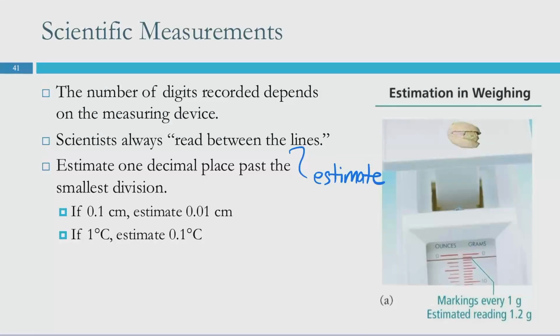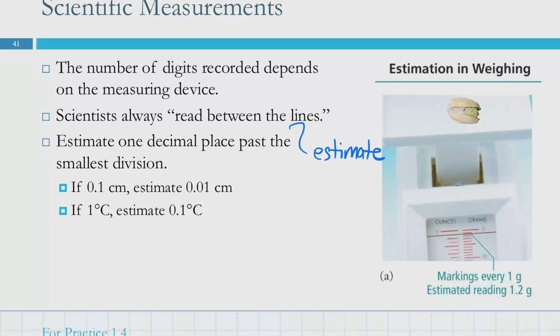So on our measuring devices, if we look here at the bottom right, we've got a measuring device, and we've got this pistachio that was photoshopped in to be on the scale, because I don't think it was originally a pistachio. So there's this pistachio there. And if we look at our scale for the gram side, we've got markings every 1 gram, because we've got 10 grams here at the bottom right.